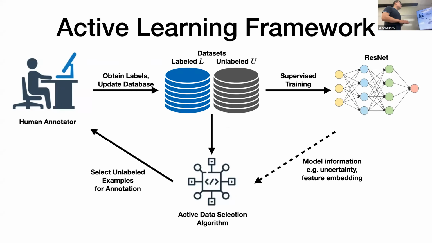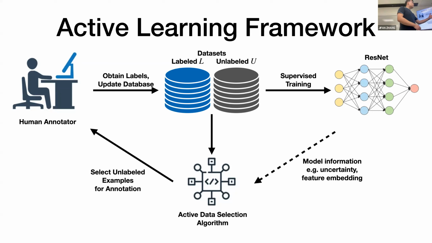And then usually in the active learning framework, based on your newly collected data, you train a neural network, and based on existing benchmarks, it's usually the ResNet. You usually just do supervised training on what you have collected so far, what you have labeled so far. This ResNet usually gets trained at every iteration.